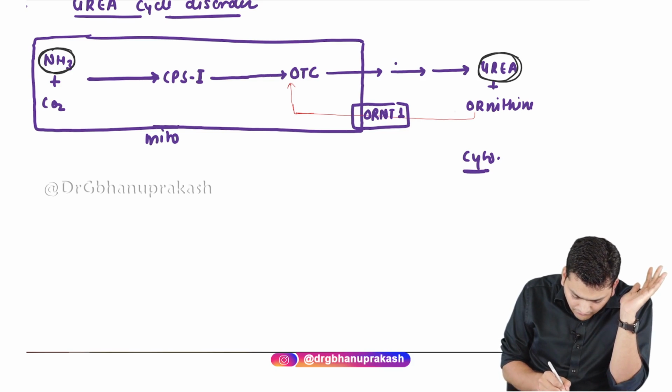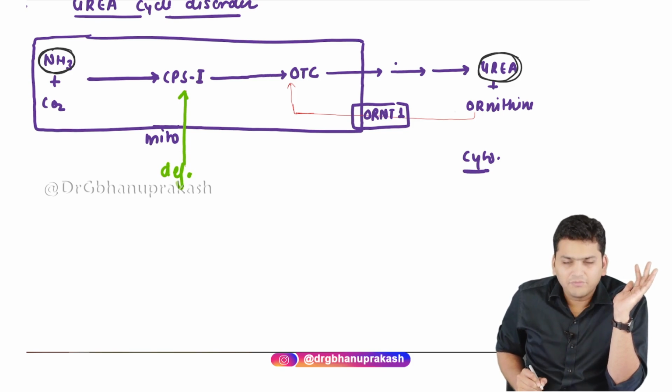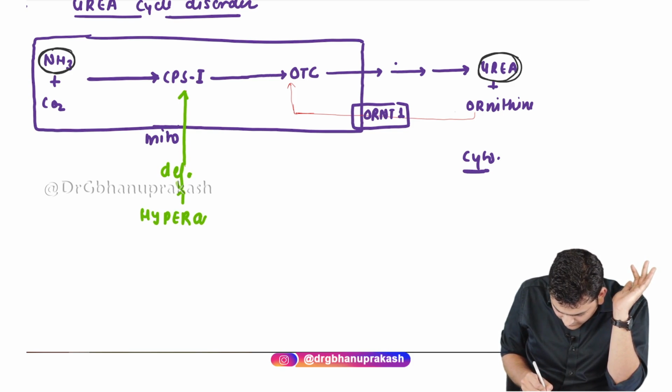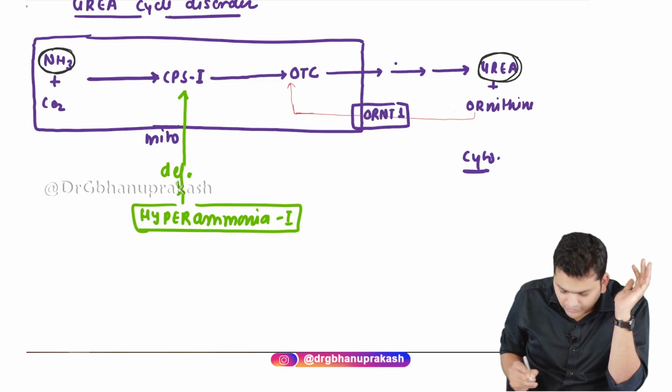For example, if there is deficiency of CPS1, the ammonia will not convert into urea, and this is referred to as hyperammonemia type 1.